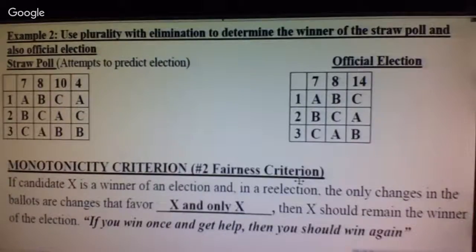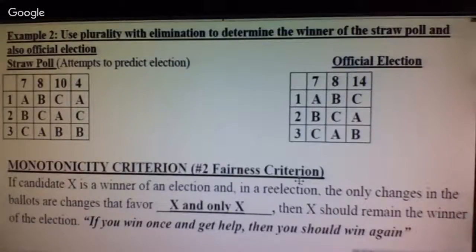So, in other words, if Catrice and Ashley and Kimberly are all running in an election, and Ashley wins, and then we do a re-election and Kimberly decides she's going to drop out, Ashley should still win. But if Catrice wins, that means we have violated the monotonicity criterion. Okay, so watch what happens.